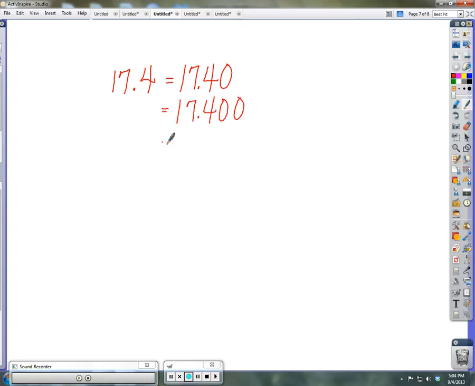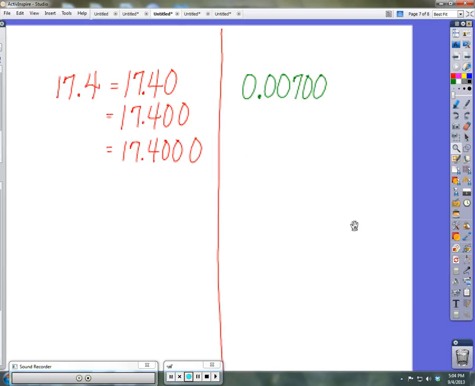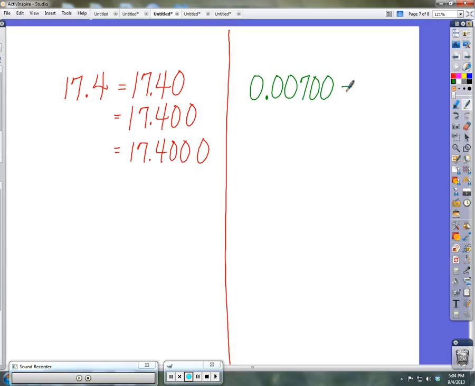You can add 1 or more zeros to the very end. If you start with a decimal number that already has zeros on the end of it, like this one, you can simply take zeros from the very end of the number.